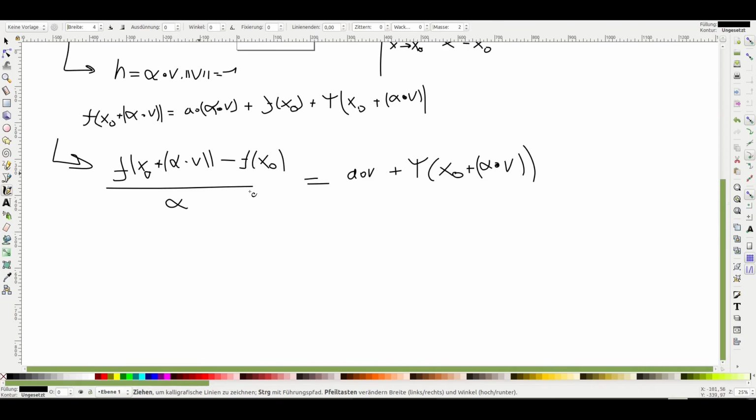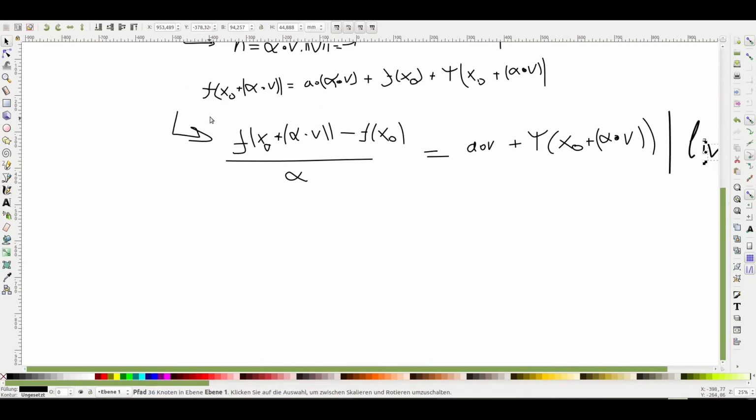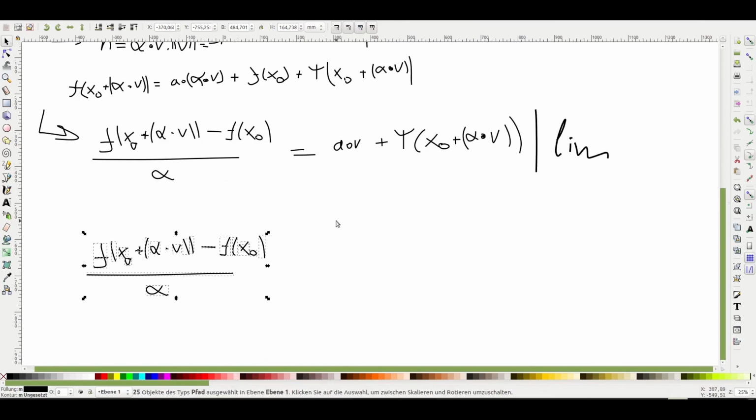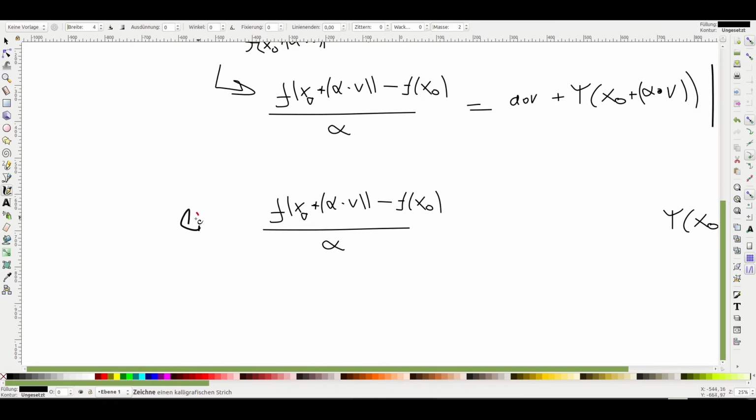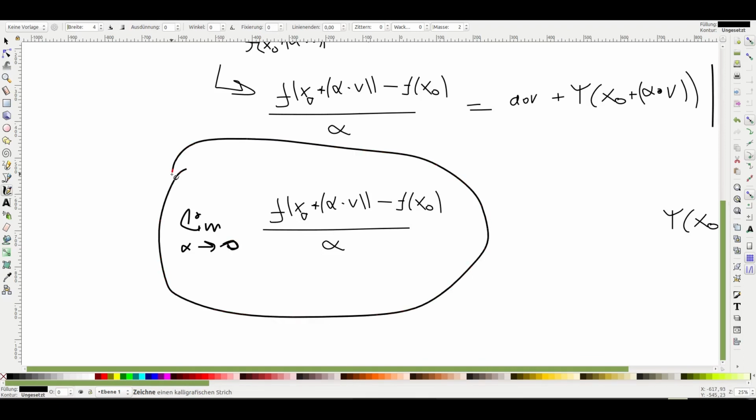Okay, now we just take the limit on both sides. I just copy it over here and copy this part over here, a bit more room. So now we take the limit as alpha goes towards 0, and we can see that this part here is already the definition of the directional derivative.